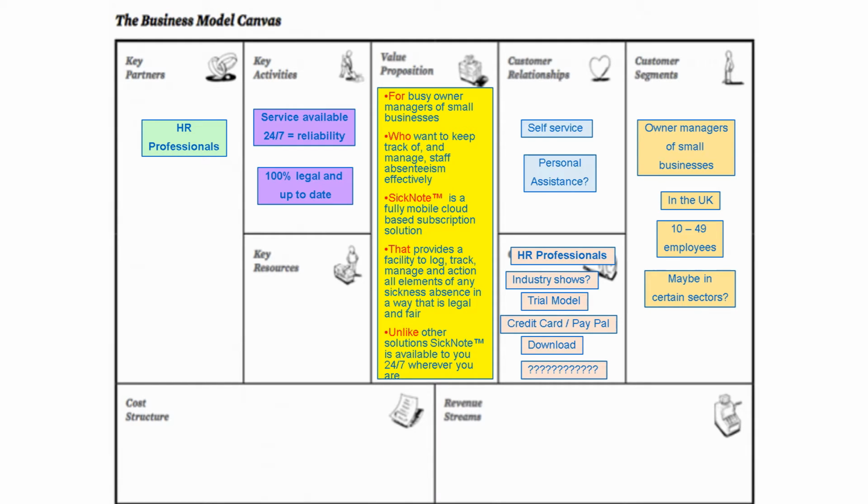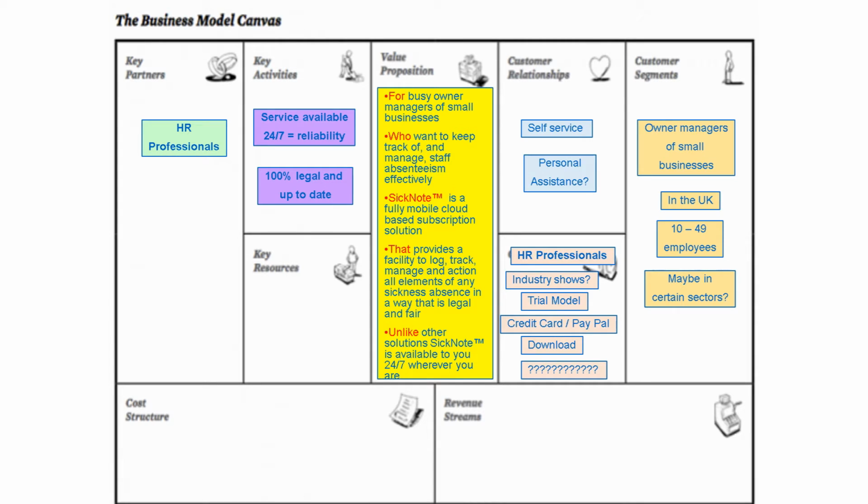Well, we need to make sure that we're always on top of the latest legislation. Yeah, so maybe working with some of the HR professionals, or subscribing to some service, or employing a lawyer as an advisor or something like that. Yes, something like that. That sounds essential. Okay, yeah, I think it probably is. And again, needs some more thinking about how you're going to do it.